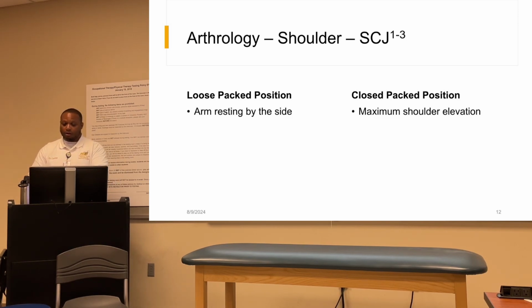But as long as the arm is at maximum shoulder elevation, we will be in a safe zone for assessing the loose pack position of the sternoclavicular joint. We also do a proper pillow or a towel roll under the arm for helping to maintain a loose pack position for the sternoclavicular joint as well.